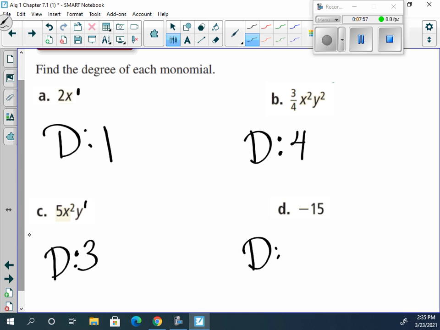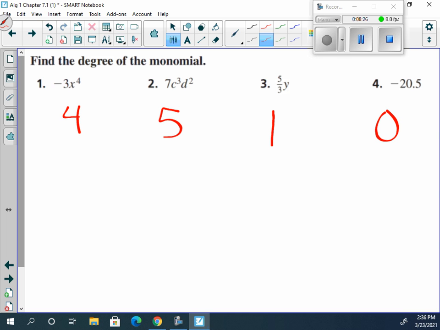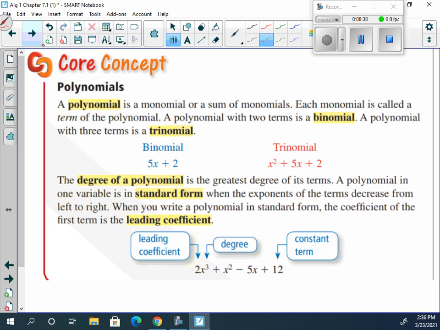And last but not least, -15. Would be? Anybody? 0. Number by itself, a constant term, it would be 0. So our degrees would be? And we're just adding those exponents with the variables. We're not too worried about the ones with the numbers. That's it.